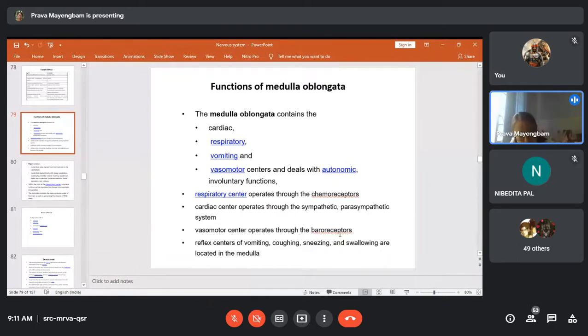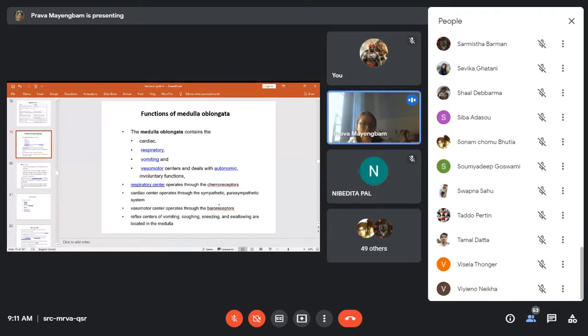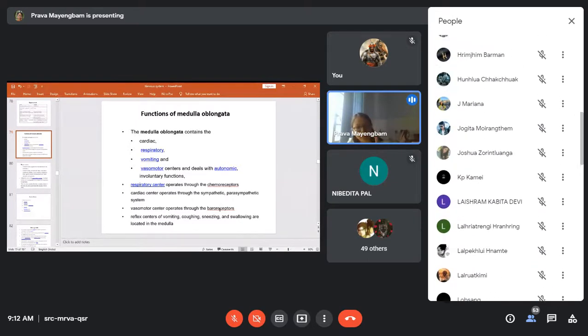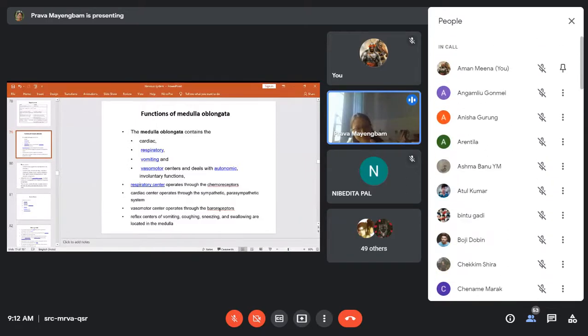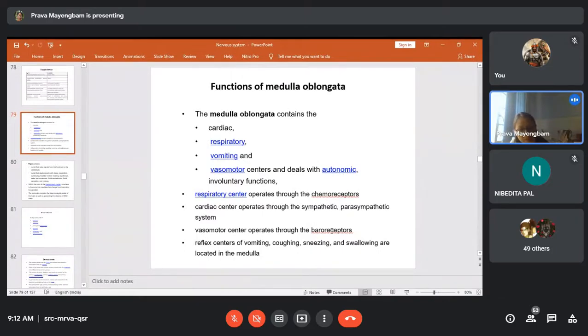Baroreceptors means pressure receptors. When there is a drop in the blood volume, there will be a drop in the blood pressure. When there is a drop in blood pressure, the carotid bodies and the aortic bodies give a signal to the vasomotor center to increase the contraction of the blood vessels. When the blood vessels, particularly the arterioles, contract, the BP will increase.